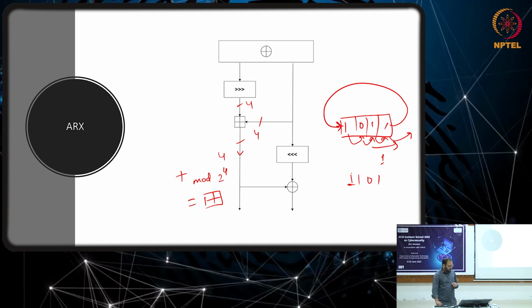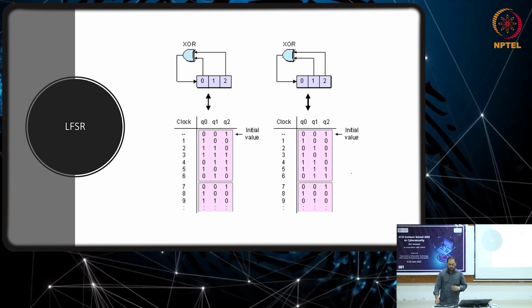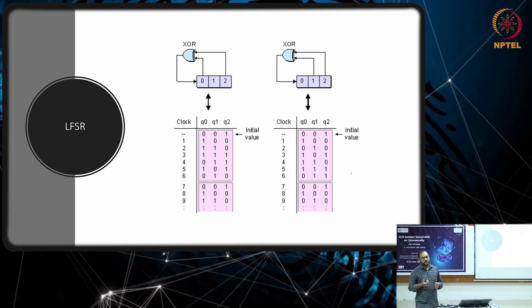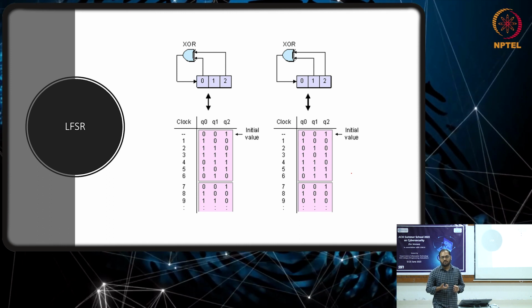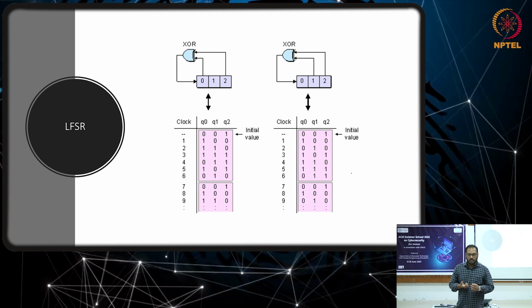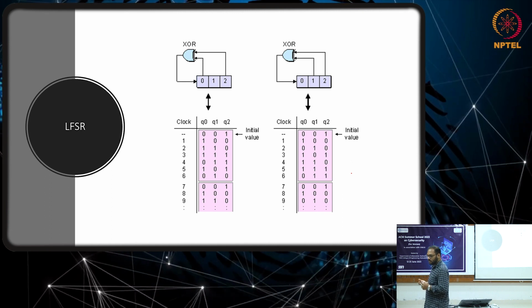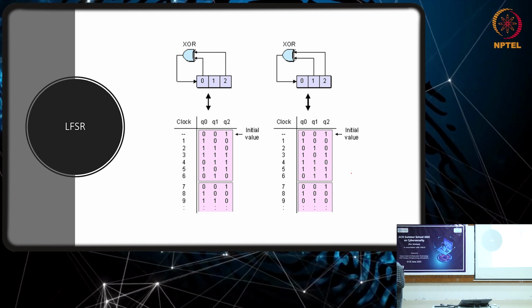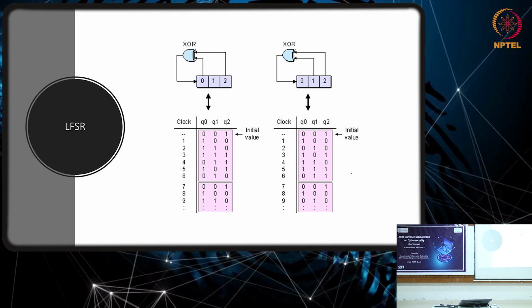Now I'll just quickly go through one of the stream cipher or one of the component of a stream cipher called LFSR, linear feedback shift register. Anyone heard of this term? ARX full form is addition, rotation, XOR.